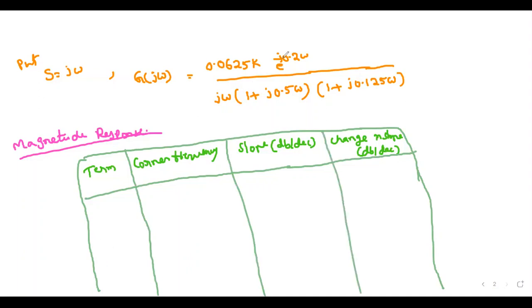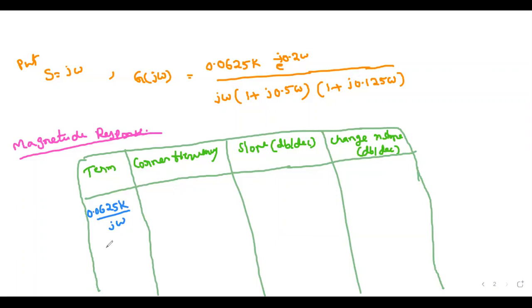Tell me the first term. 0.0625 K by j omega. Very good. Write the first term's order.